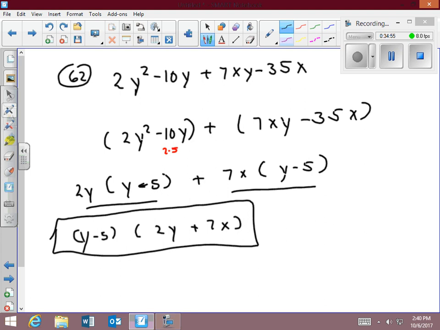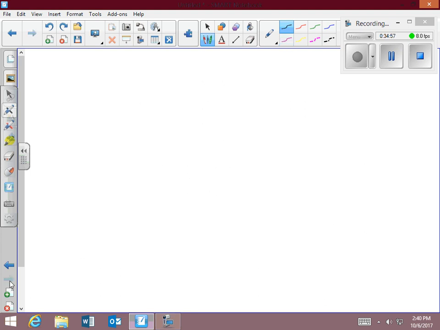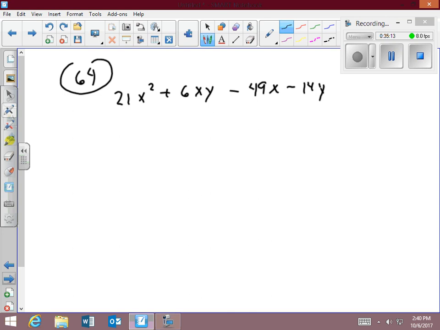Let's look at 64. 21x squared plus 6xy minus 49x minus 14y. Polynomial, 4 terms, we're going to try to group. So we group the first 2 terms together.